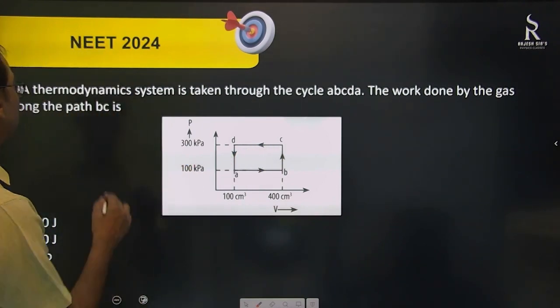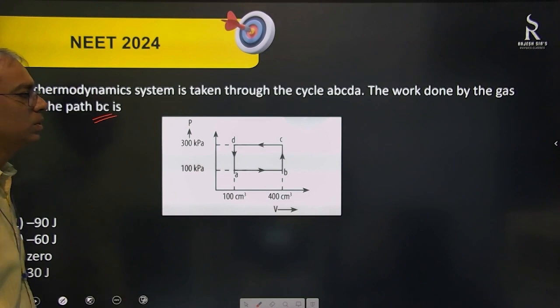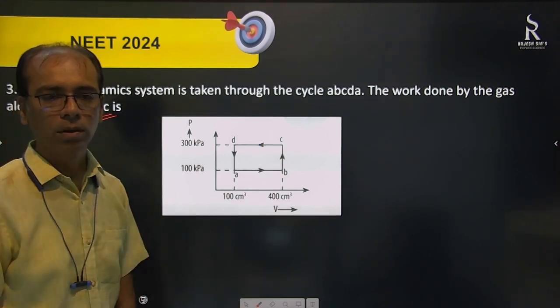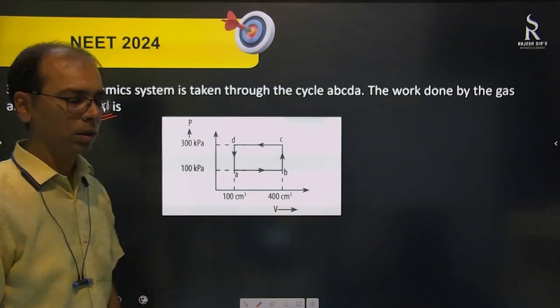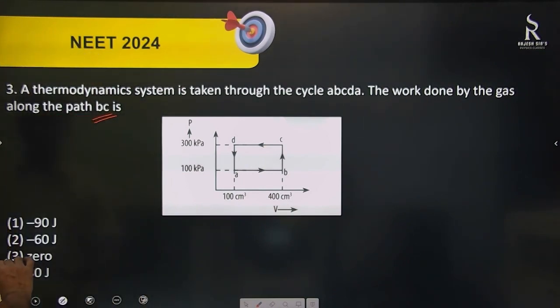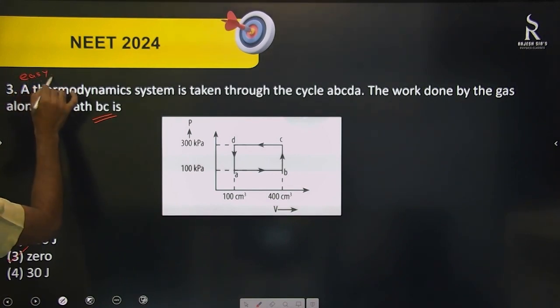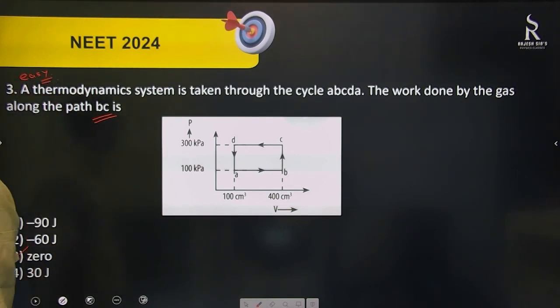He is asking BC. BC is constant volume, and if it's constant volume, then no work is done. Very conceptual question, and I would say it's an easy question. Okay, let's go ahead.